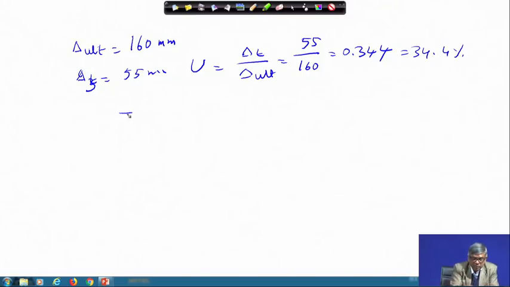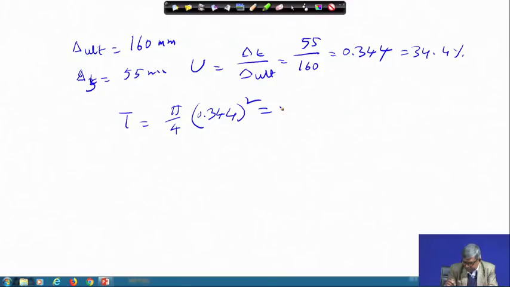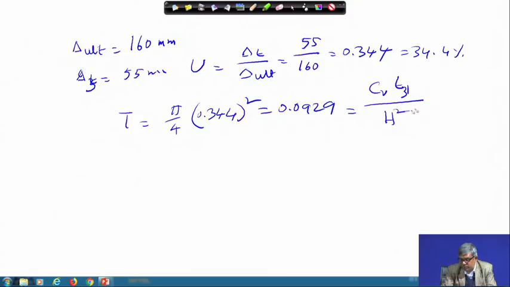So, I can find the corresponding T equal to pi by 4 into 0.344 squared. This gives you 0.0929, and that is equal to C V into T 3 years divided by H square.